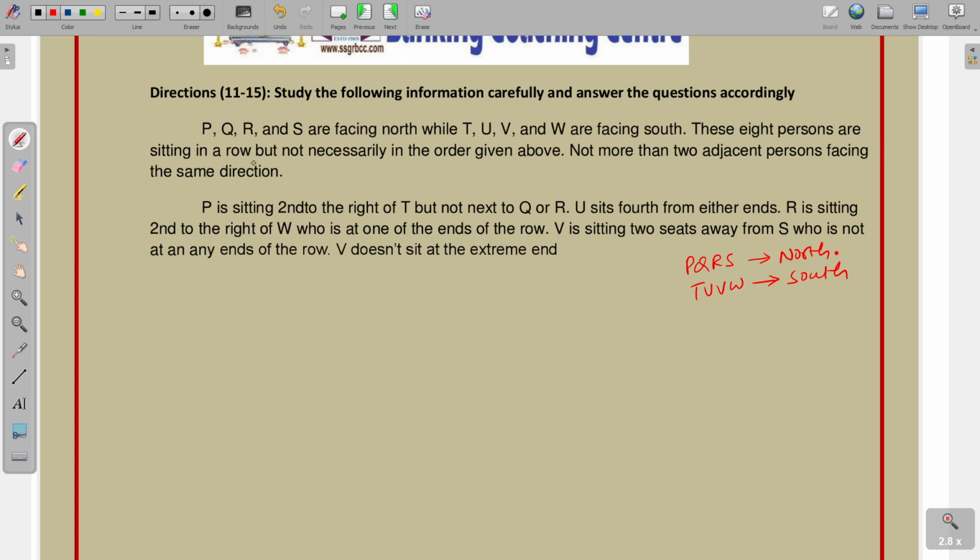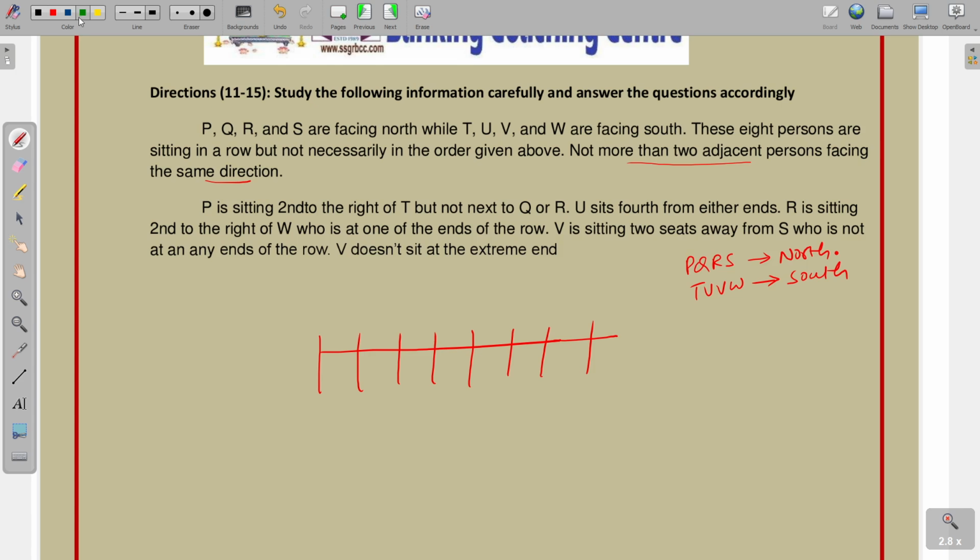These 8 persons are sitting in a row, but not necessarily in the same order. So, not more than 2 adjacent persons facing the same direction. Here we have one row. In this row totally 8 persons are sitting, 4 persons are facing north and 4 of them facing south.